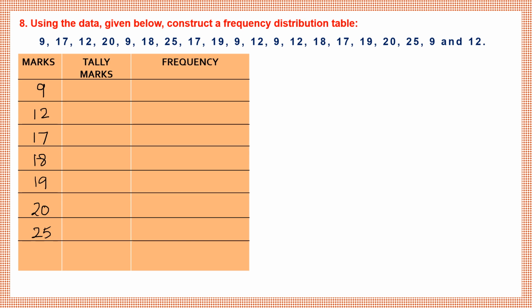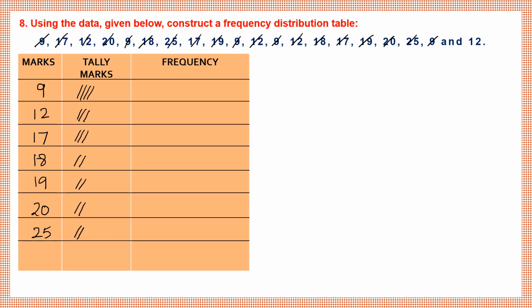Now let's start with our tally marks. How many times are these numbers occurring? So 9, it's 1, 17, 1 again, 12, 20, 9, one more, 18, 25, 17, 19, 9, 12, 9, 12, 18, 17, 19, 20, 25, 9.